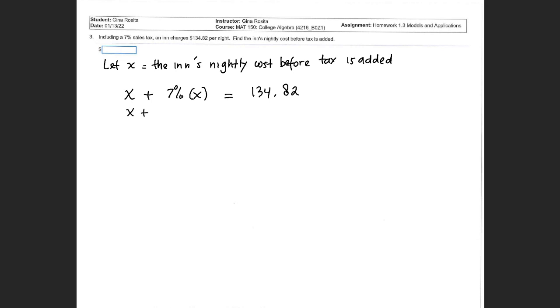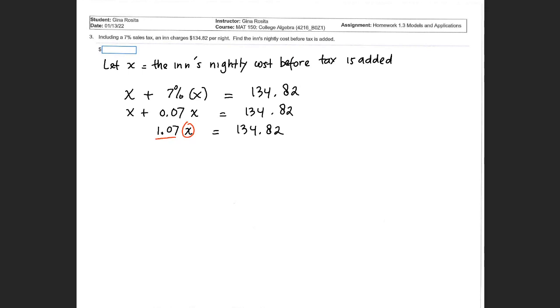So x plus 0.07x equal $134.82. Now you add 1 plus 0.07, so the answer is 1.07x equal 134.82. We need x. That's our goal.